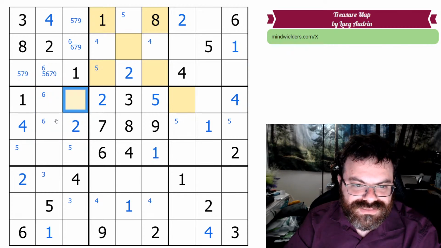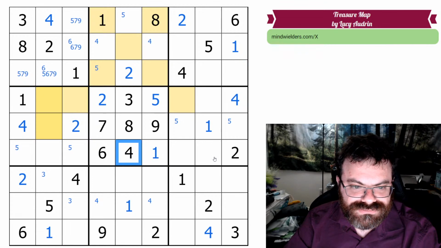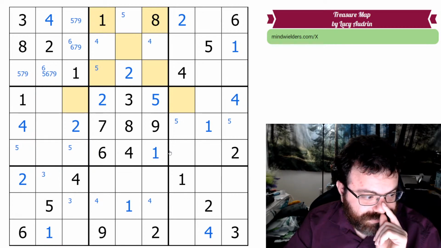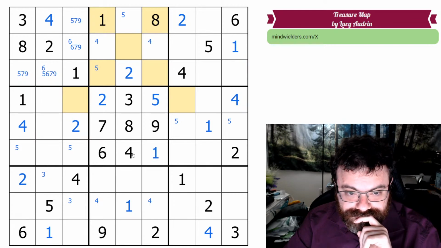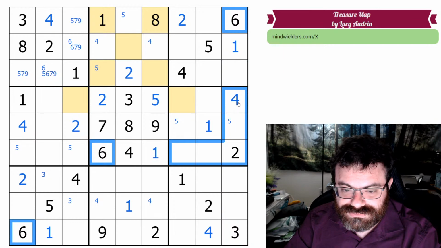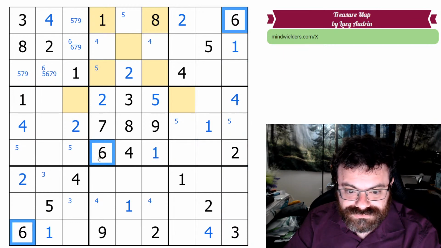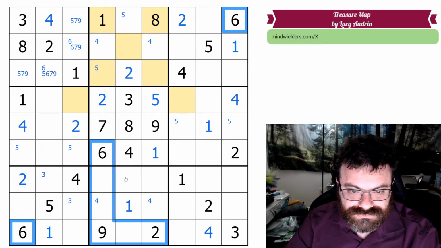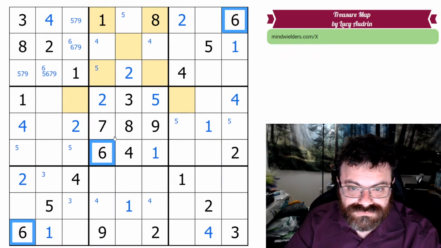Oh, I think the yellow screwed with my scanning. Yeah, it was the yellow. It screwed with my scanning. Let's just back up to here. Six is one of these two.